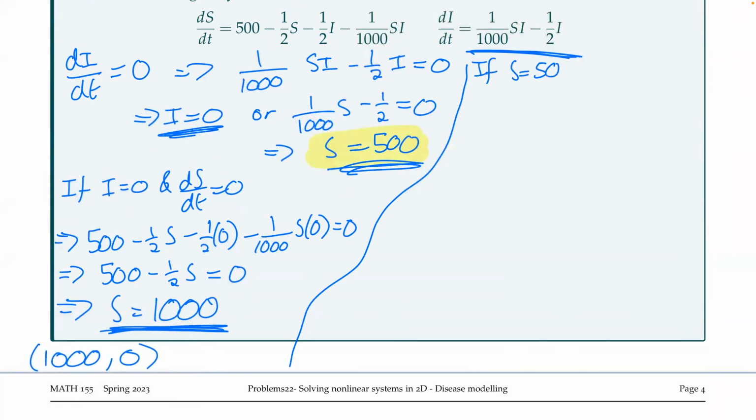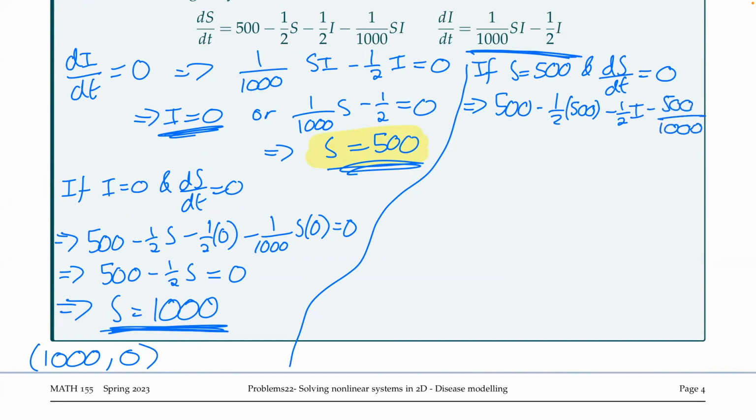So if S is equal to 500 and dS/dt is equal to 0, we're going to have 500 minus a half of S, which is 500, minus half of I, which we don't know yet, minus S, which is 500, over 1,000 times I. So we have 500 minus a half of 500, so that's going to be 250, minus a half of I, minus 500 over 1,000 times I, so that's again minus another half of I. So we have 250 minus I is equal to 0.